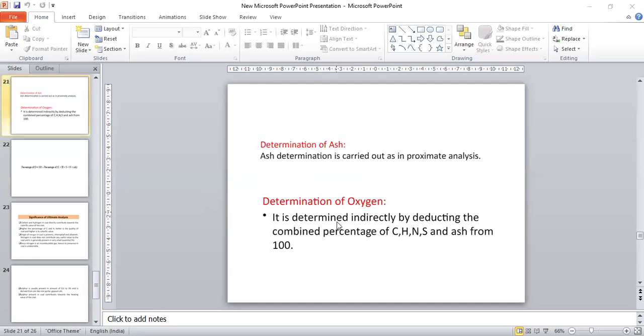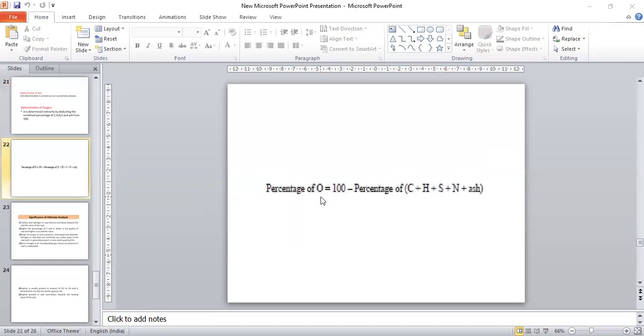It is determined directly by deducting the combined percentage of carbon, hydrogen, nitrogen, sulfur and ash from 100. Here percentage of oxygen is equal to 100 minus the percentage of carbon plus hydrogen plus sulfur plus nitrogen plus ash.